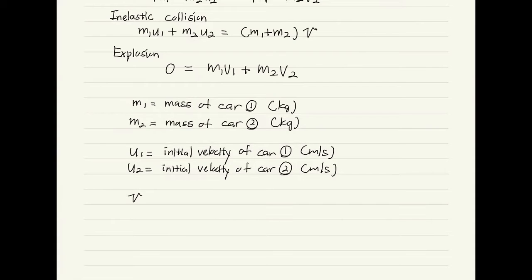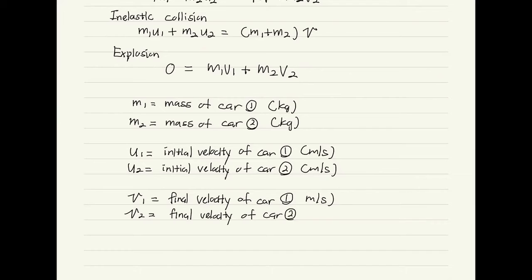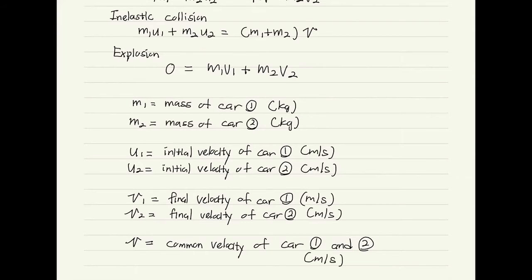Then v1 is the final velocity of car 1, meter per second. v2 is the final velocity of car 2, meter per second. The last one is v. v is the common velocity of car 1 and 2 together with the unit meter per second.